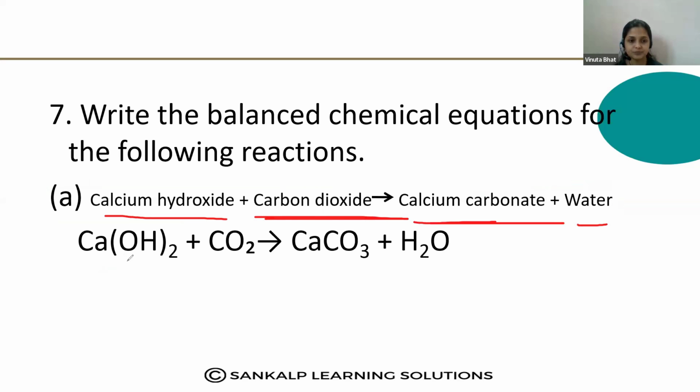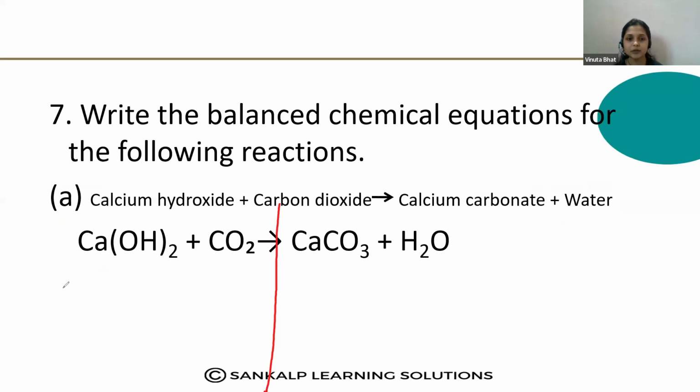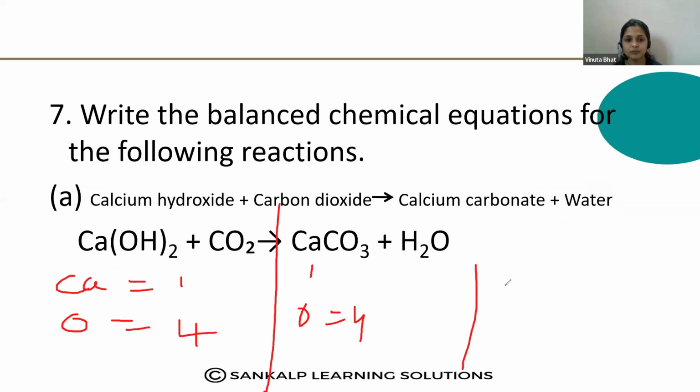Here, let us see if calcium hydroxide is balanced. Calcium, that is 1, here also 1. Oxygen here 4, here 3 plus oxygen, that is 4. Then hydrogen is 2. Here also hydrogen is 2.